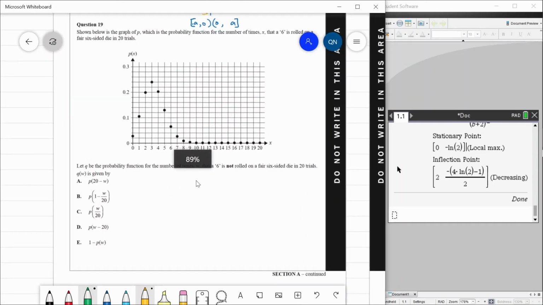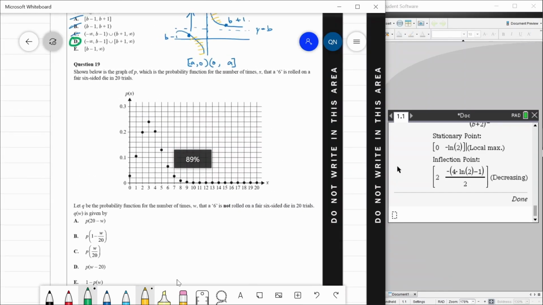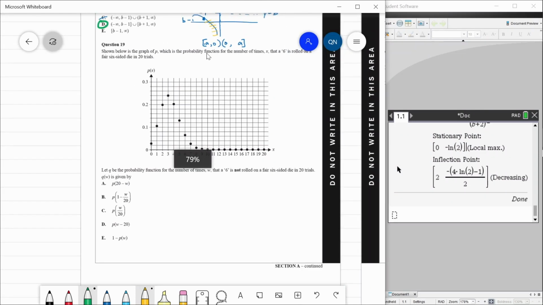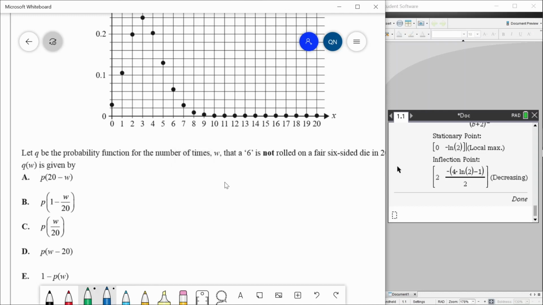Okay, so this is a binomial distribution, because we're doing a number of trials, and they're all independent. Now Q is the number of times that a 6 is not rolled. So we have something with successes and something with failures, and we might as well define things that way. So we might as well define a success to be a 6 is rolled.